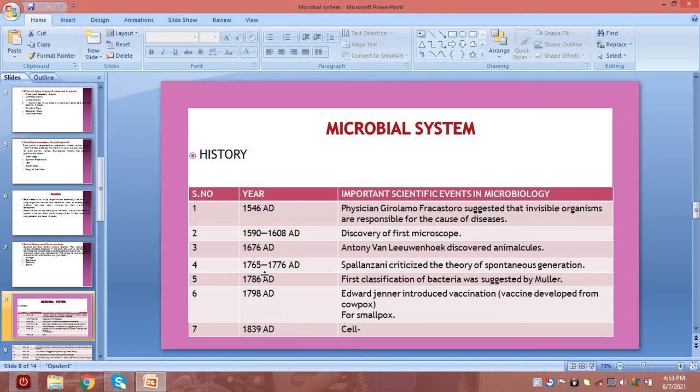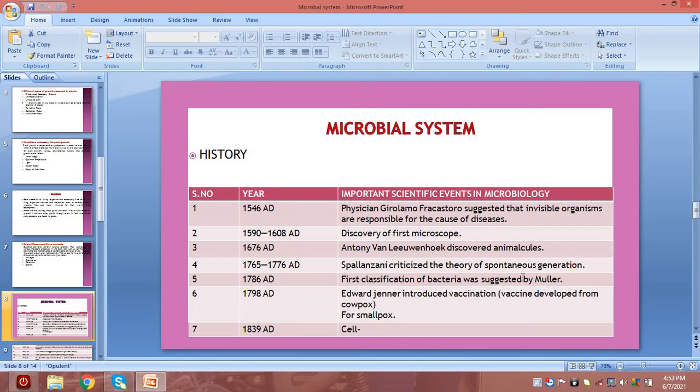Then in 1765 to 1776 AD, the scientist Spallanzani disproved or criticized the theory of spontaneous generation. Spontaneous generation was a belief that living organisms mainly arise from non-living matter.